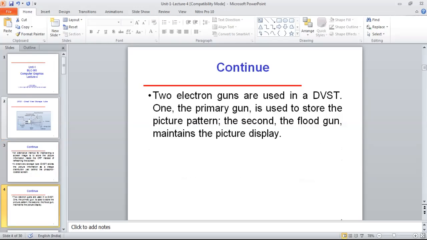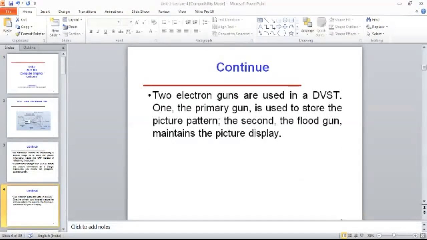As shown in the figure, there are two electron guns we use in case of the direct view storage tube. First is called the primary gun and is used to store the picture pattern.